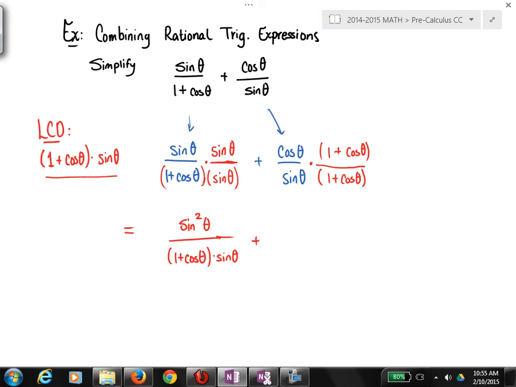This expression right here, I'm going to distribute that cosine. So it's going to be cosine of theta times 1 is cosine of theta plus cosine squared of theta. And again, all of this is over the same denominator.